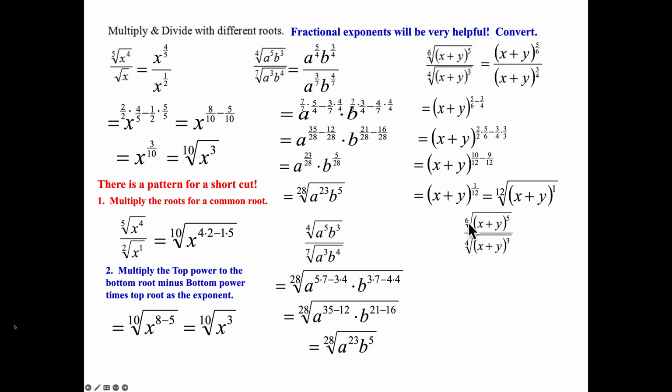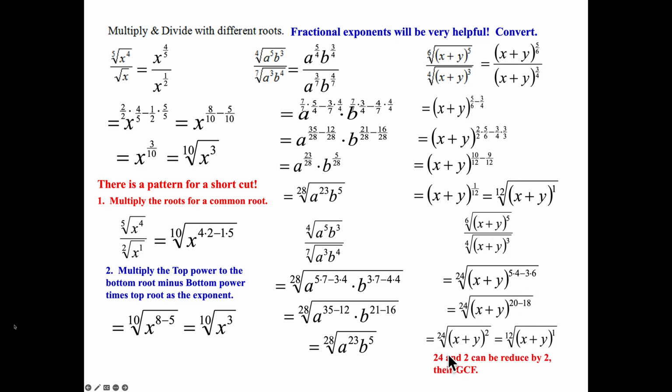Over here, 6th root, 4th root. Multiply those together to get the 24th root. Top power 5 times bottom root 4 minus bottom power 3 times top root 6. So that becomes 20 minus 18, which is the 24th root of x plus y squared.